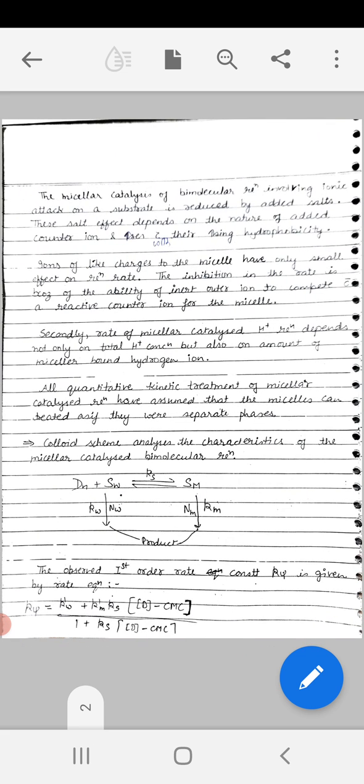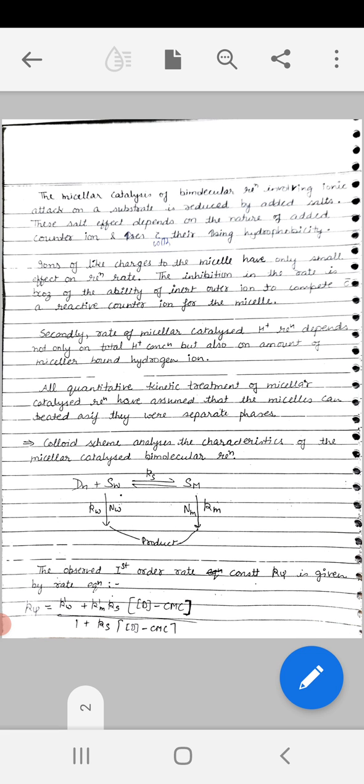The micellar catalysis of bimolecular reaction involving ionic attack on a substrate is reduced by added salts. This salt effect depends on the nature of the added counter ion and increases with increasing hydrophobicity. Ions of like charge to the micelle have only a small effect on reaction rate.